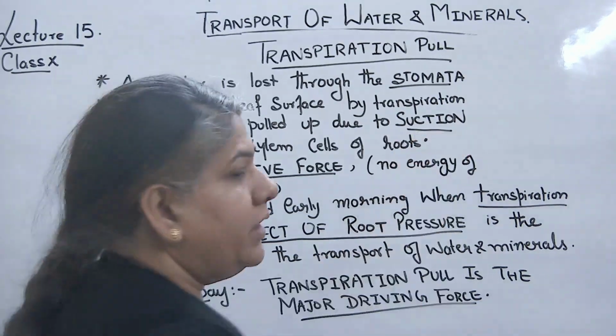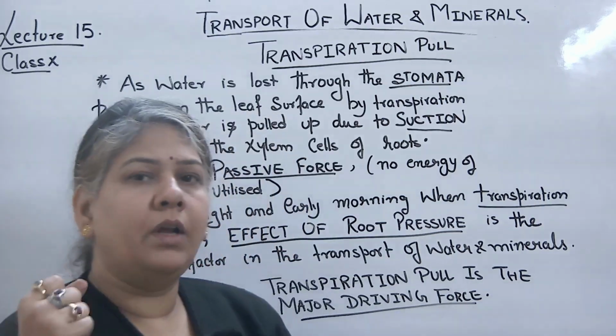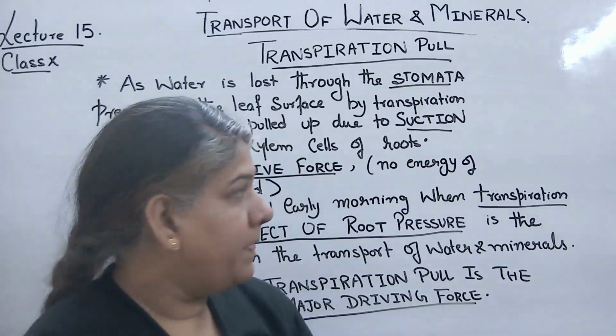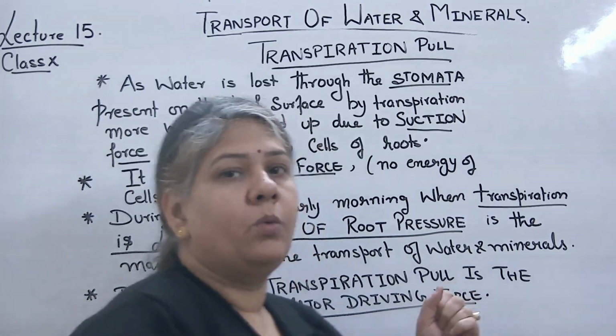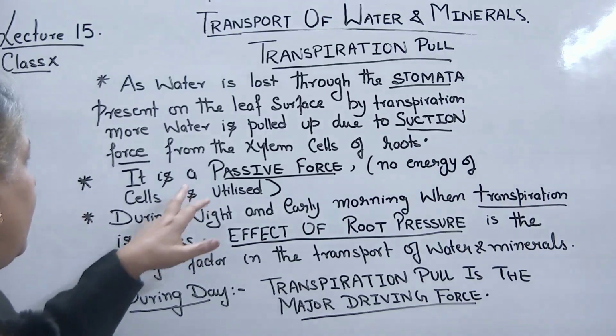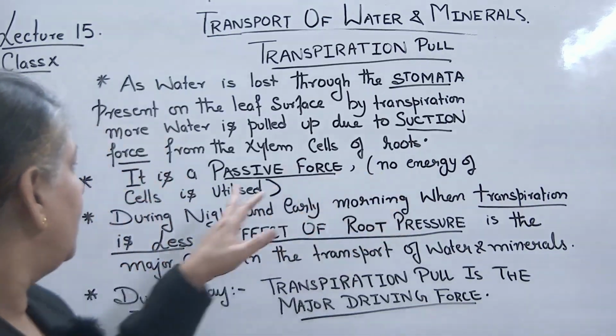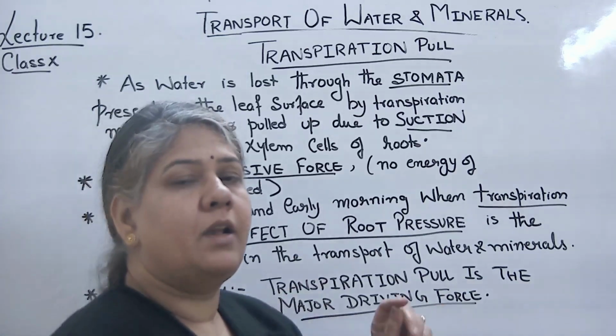So when water is being lost through the surface of the leaf, a suction pull is created and this helps to pull water in the xylem cells of the roots. See, it is a passive force since no energy is required, no energy of the plant cell is used up in the process.